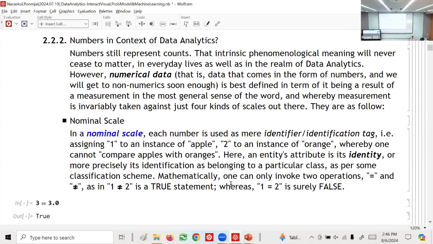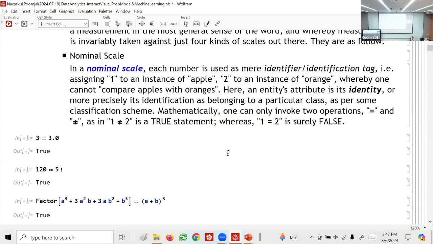So the only valid operation is inequality. This is what I mean by the simplest thing that professional data scientists get wrong, because sometimes they create a model that gives a ranking, A greater than B, when in fact A and B are both nominal, right? That becomes erroneous in the inference, okay? Sometimes it's not so bad, but that's it: inequality, nominal scale.